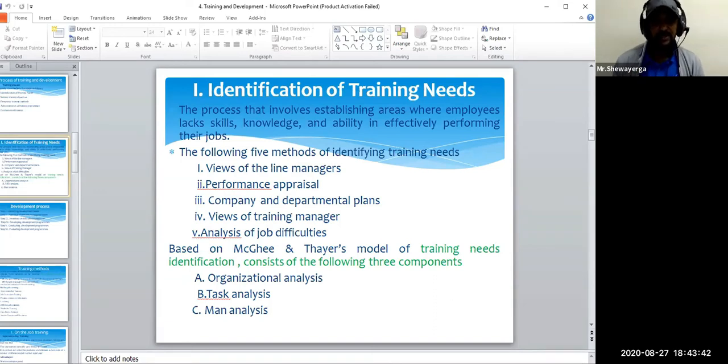At least evaluation is mandatory after training, to see whether the training is effective or not.